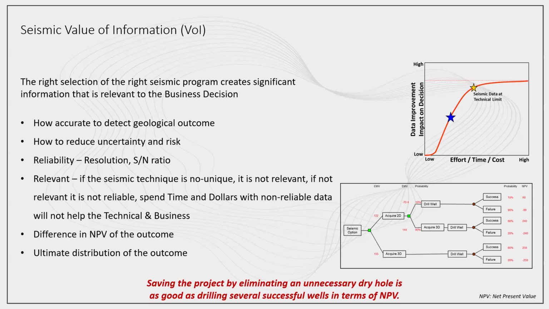We usually ask the question, is the seismic data relevant in order to reduce risk or not? So the right selection of the seismic program should be based on how accurately it detects the geological outcome, how it reduces uncertainty and risk, and whether that data is reliable. And what does it mean, reliable?